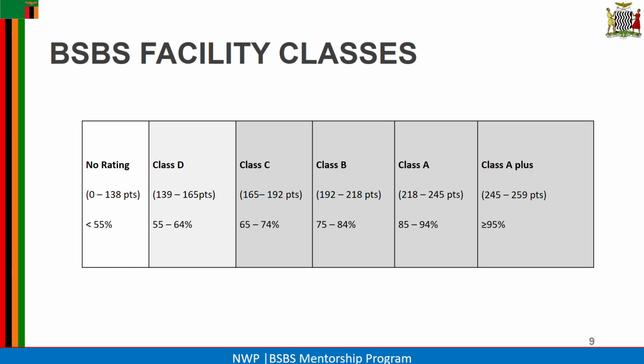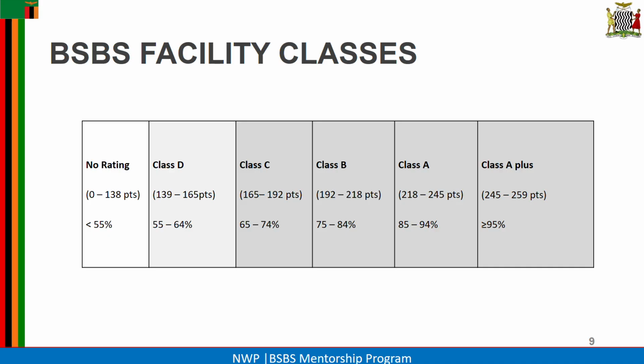So the idea here is for facilities to go closer to class A plus, because if you score class A plus, it means that at least your laboratory or organization is one step closer to getting certified in the biosafety and biosecurity certification.